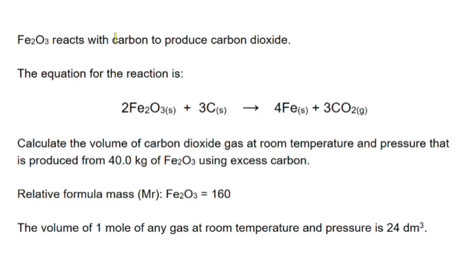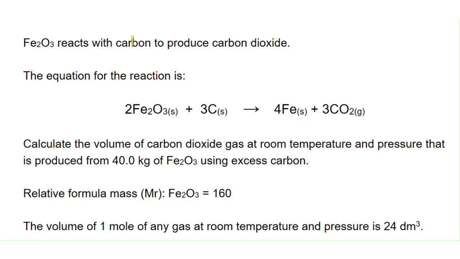Let's look at another question. This one's a little bit more tricky, but it is a 5-marker. Iron oxide Fe2O3 reacts with carbon to produce carbon dioxide. The equation is 2Fe2O3 plus 3C goes to 4Fe plus 3CO2.